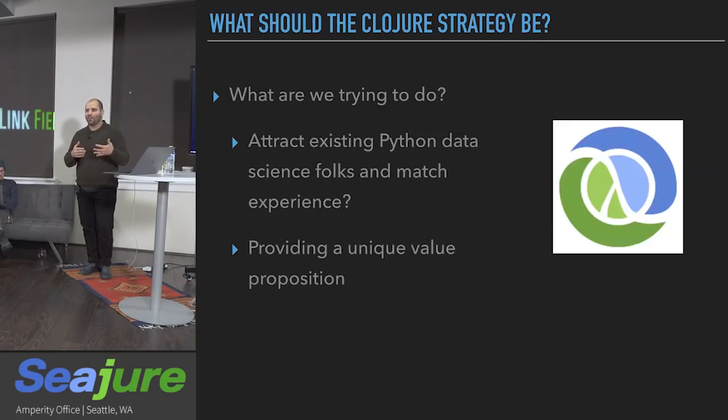And to some extent, making that transition easy means having tools that roughly perform the same role. They don't have to be identical, but they have to play the same role in the ecosystem with comparable ballpark functionality. So I do think it's important to do some of this matching. But then there's this other question about what's the unique value proposition? And I'll talk about each of these.